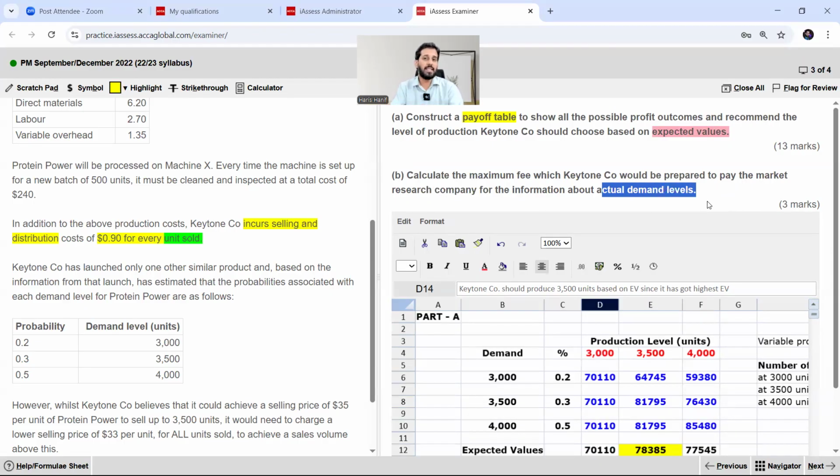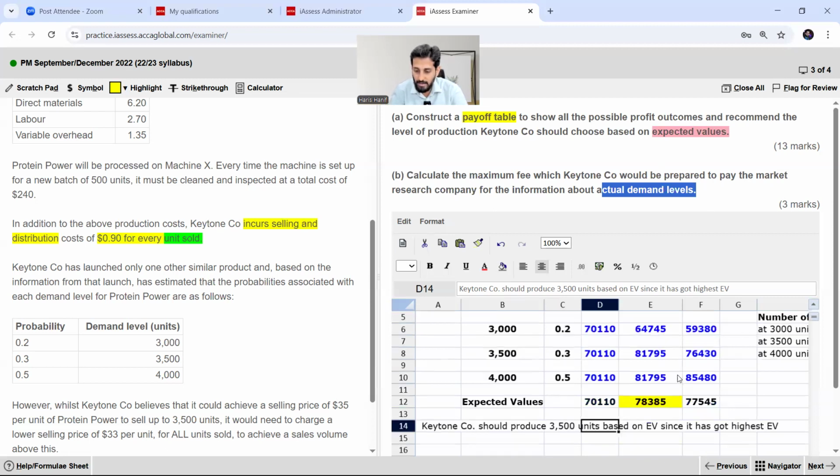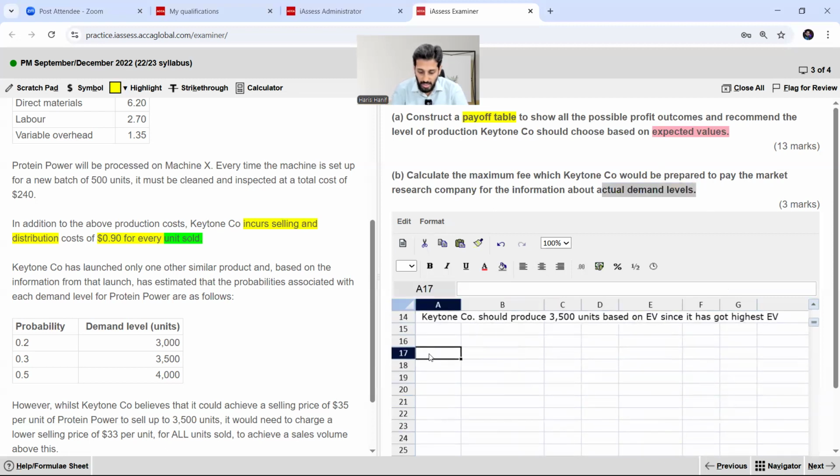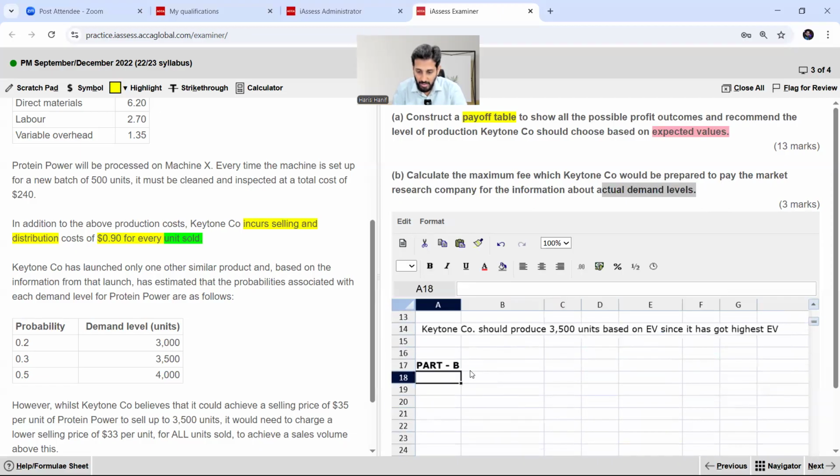Now this is basically the value of perfect information. I shall be writing this. This is the value of perfect information. Now what is this value of perfect information? I should be writing that is the fee for the market research.